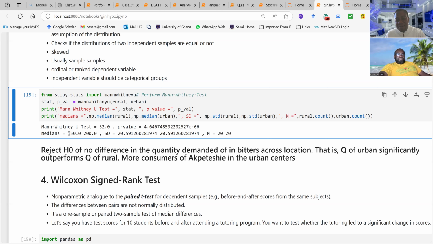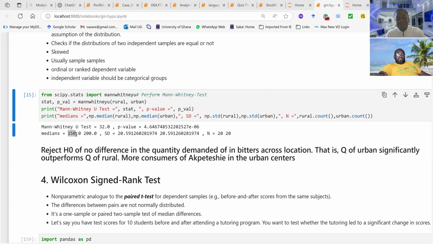The median quantity demanded for the rural is smaller than that of the urban.